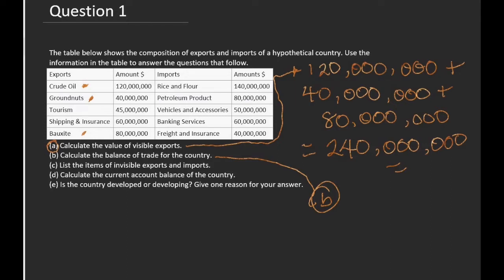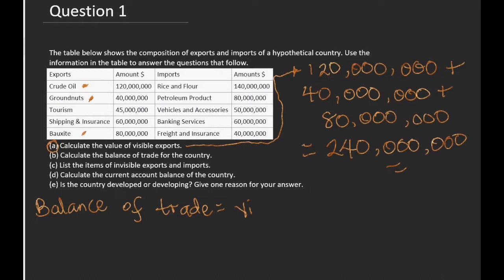Balance of trade equals total value of visible exports. I'm just trying to abbreviate this. Remember, we are solving for B.